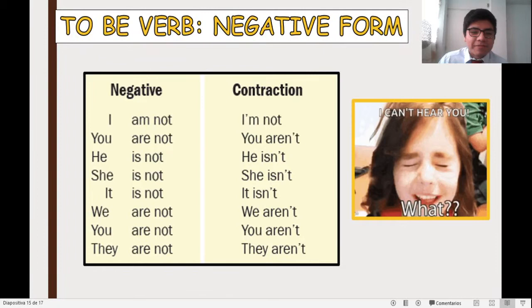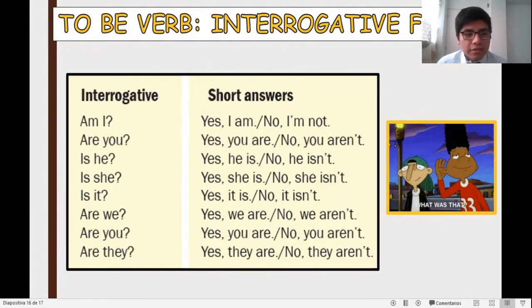Let's see now about the interrogative form. About pronunciation, of course. It's all focused on pronunciation. So this is easier than the others, right?